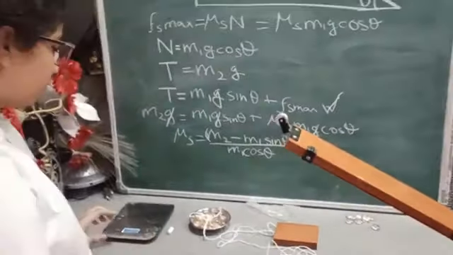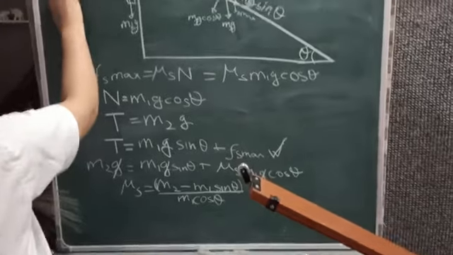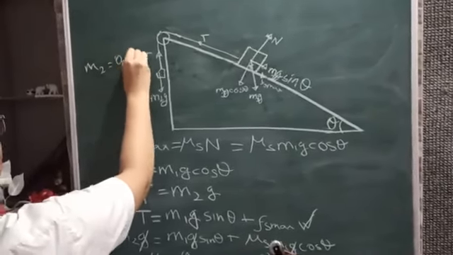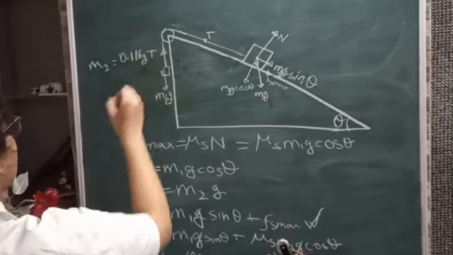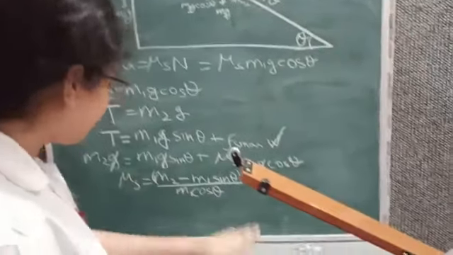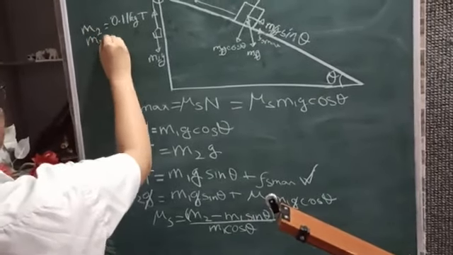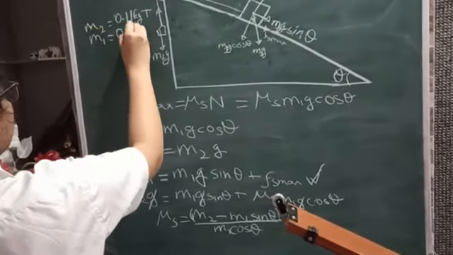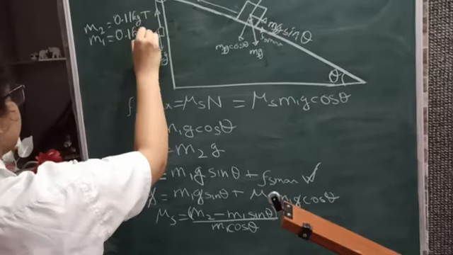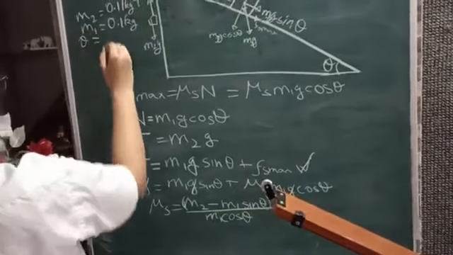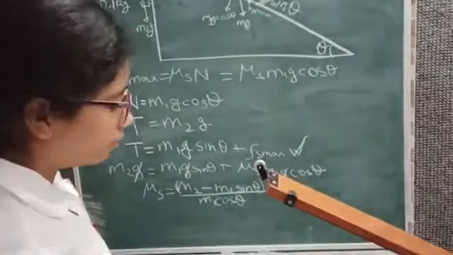So for m2, the value is 0.11 kg, and we have already measured this block. It is 100 grams, so m1 is equal to 0.1 kg, and theta over here is equal to 30 degrees.